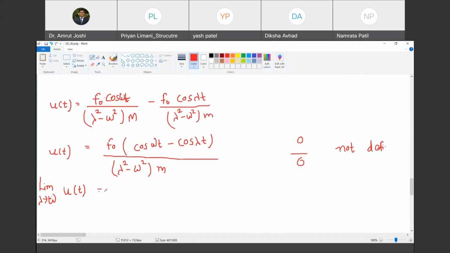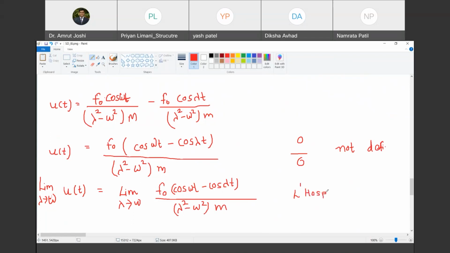So for this I need to take limit as lambda tends to omega of this quantity F0 cos omega t minus cos lambda t divided by lambda square minus omega square into m, and we apply something called L'Hopital's rule. Are you with me?